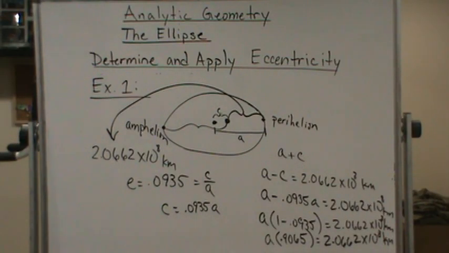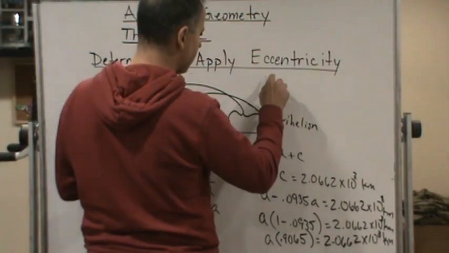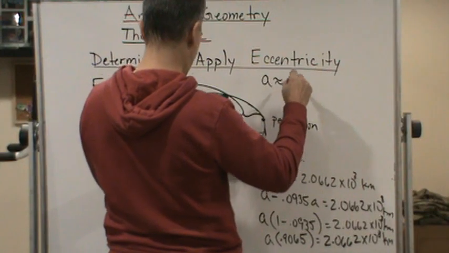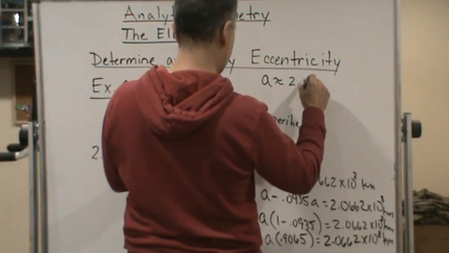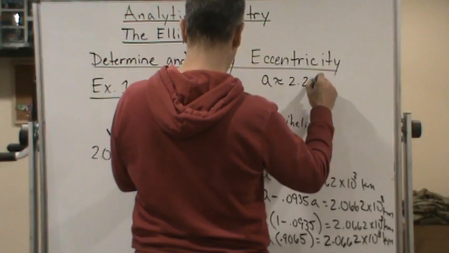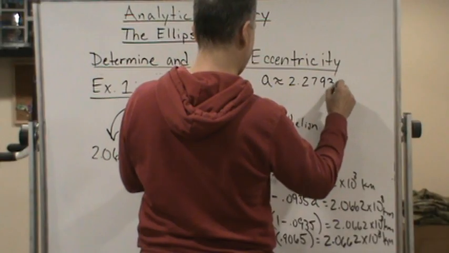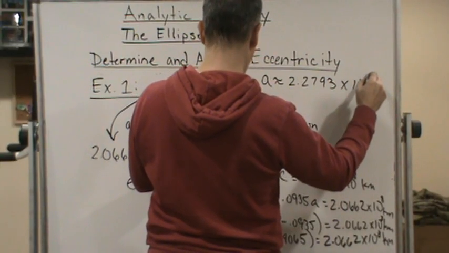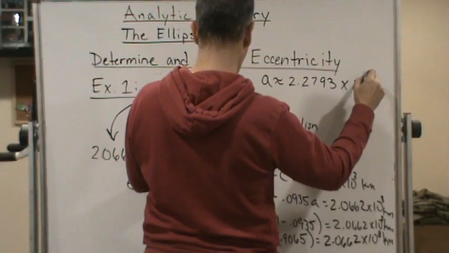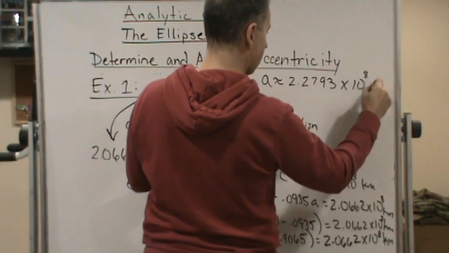And so, let me just check, make sure I got this right. Yes, awesome. So now, what I end up getting is A is approximately equal to 2.2793 times 10 to the 8 kilometers.